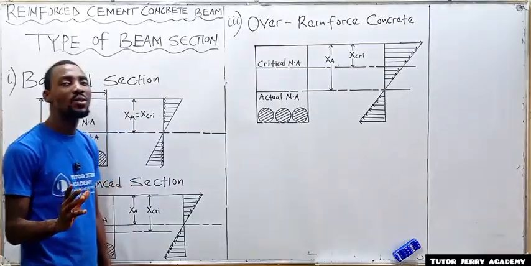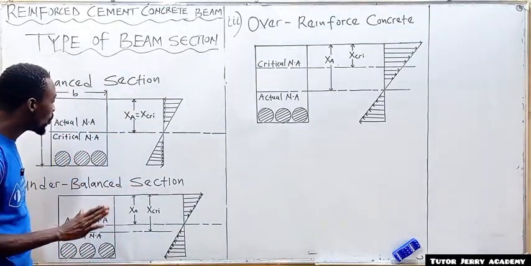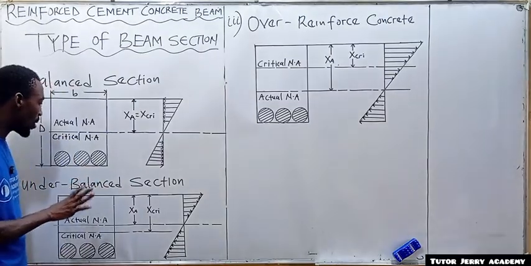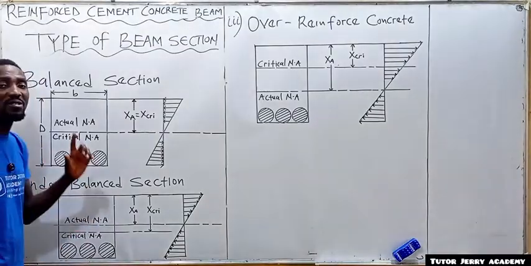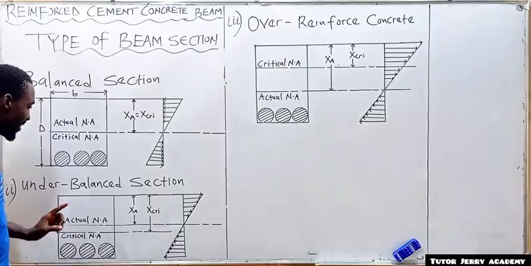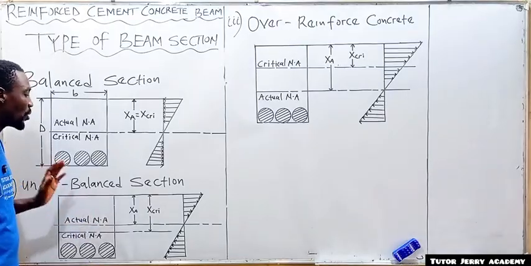And another thing you need to note here is that the permissible strength of steel is less compared to that of concrete. So that is another thing you need to note here.